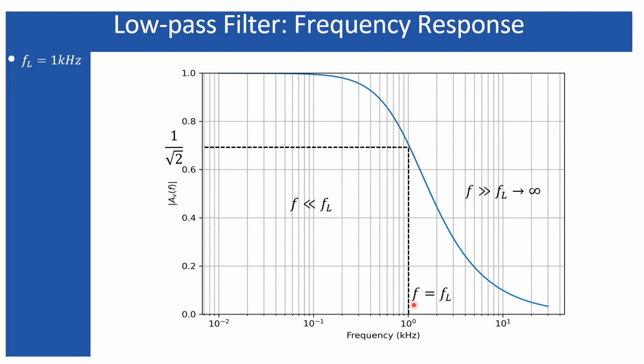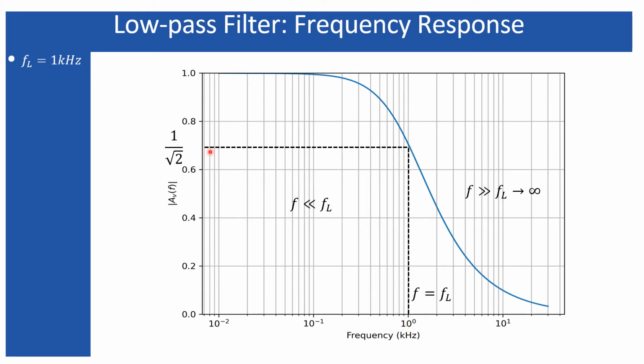So you can see when f is very less than fL, within this range, the amplitude is approximately equal to 1. That means the gain is equal to 1, and the output voltage is following the input voltage. As f approaches fL, the output is decreasing, and we generally use the amplitude at f equals fL and call this the cutoff frequency.